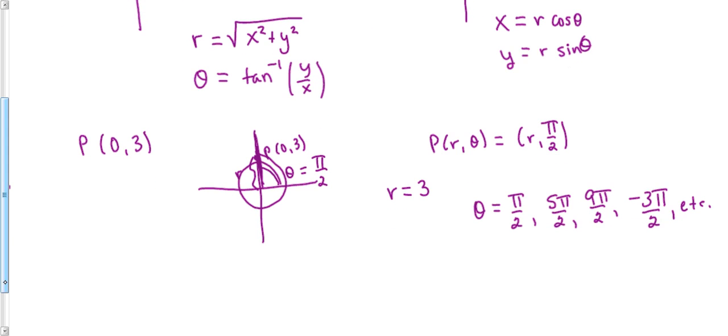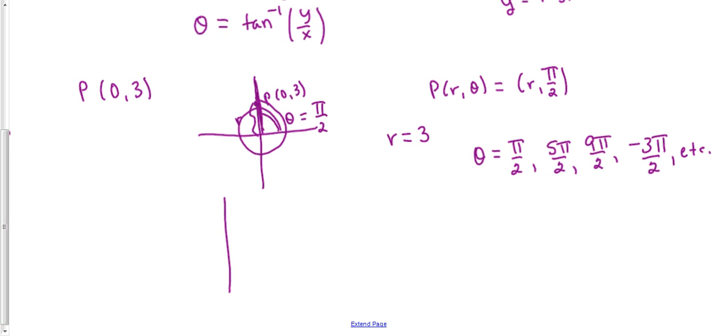And there's actually one more option that I have, and I'm going to redraw my axes. And if this is the point up here that I wish to describe, which is still going to have r equal to 3, what I need to remember is that I could let r be equal to negative 3 and let my angle theta be equal to negative pi over 2 or 3 pi over 2.